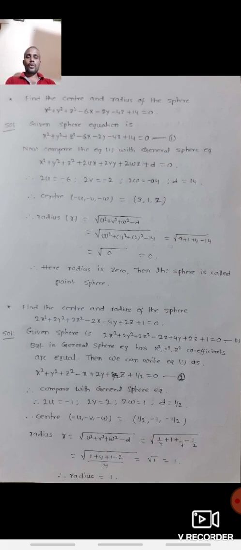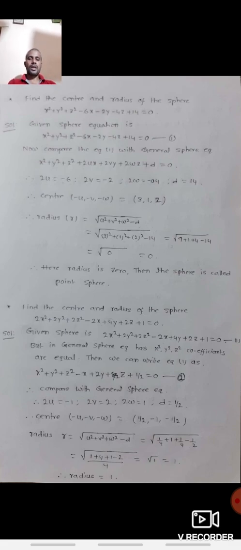So 2u equal to minus 6, 2v equal to minus 2, 2w equal to minus 4, d equal to 14. The center is minus u, minus v, minus w, so we get 3, 1, 2.